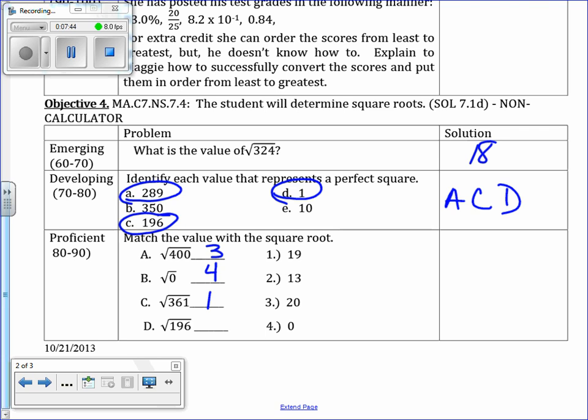And the square root of 196 is 14, which isn't there. This should be a 14, so it would be 2. Okay.